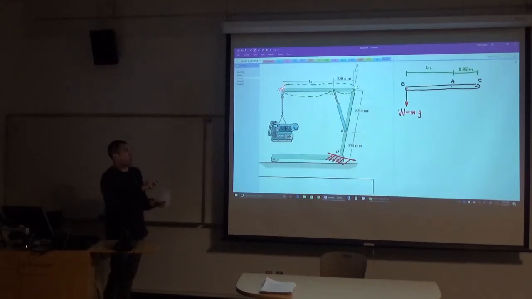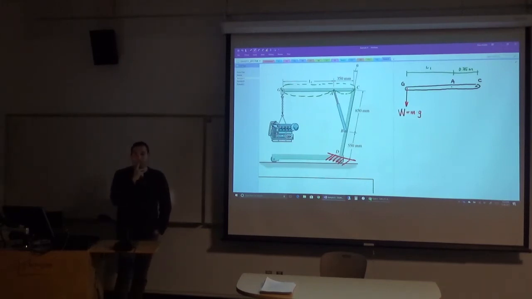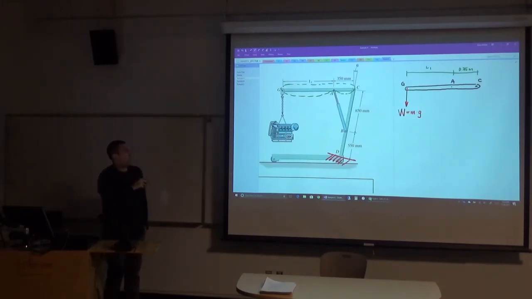So you're absolutely right, a pin can support forces in any direction, but here we know it can only be transferring it vertically because there's no way this cable could put a horizontal force on it. So if we were unsure, would it be safe to assume that there was something in the x direction? I don't think that it would be safe to assume because then you'd have too many unknowns at that point. So I think it's something that you couldn't conservatively include because then you wouldn't have enough equations to solve for it.